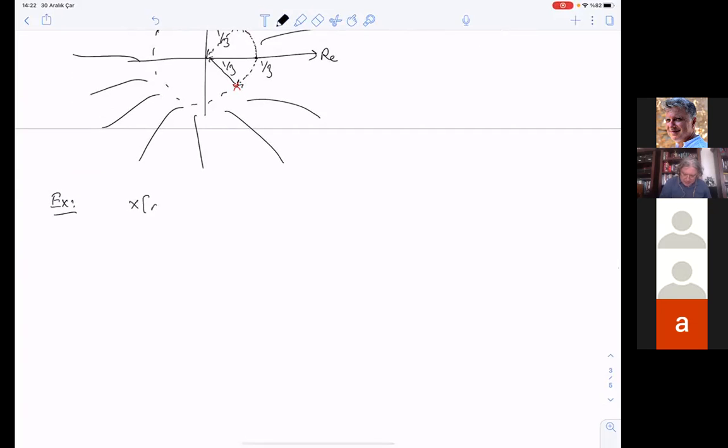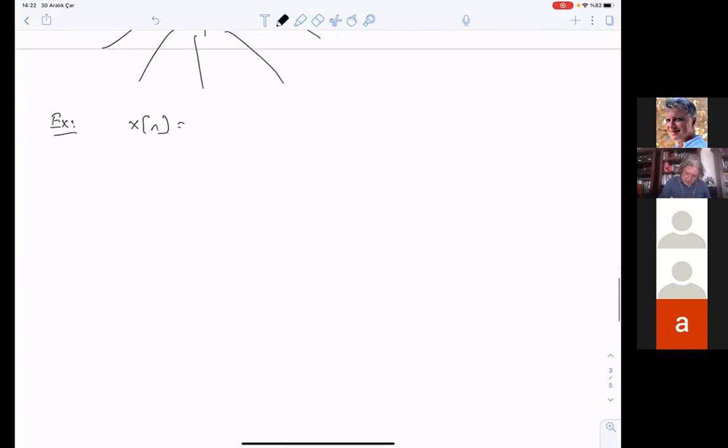Suppose that x of n is equal to a to the n, between 0 and n minus 1.